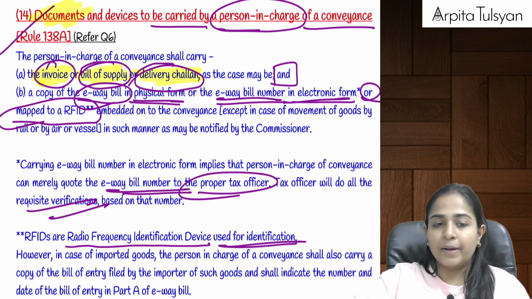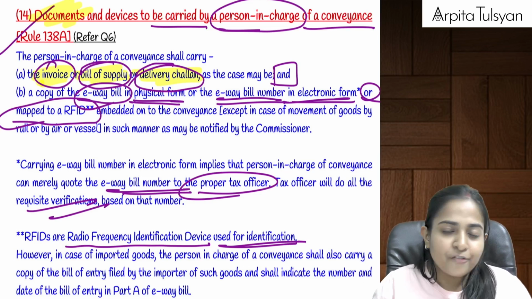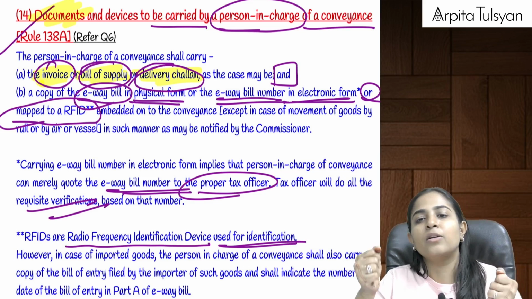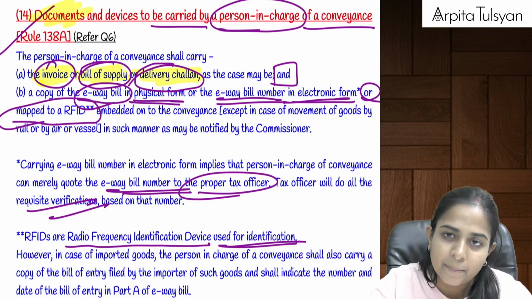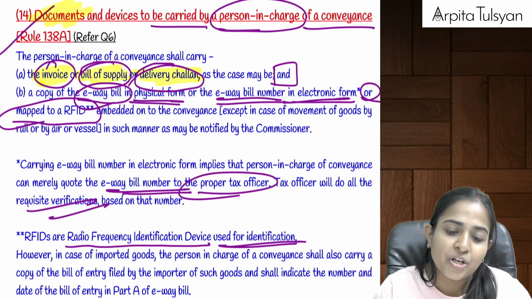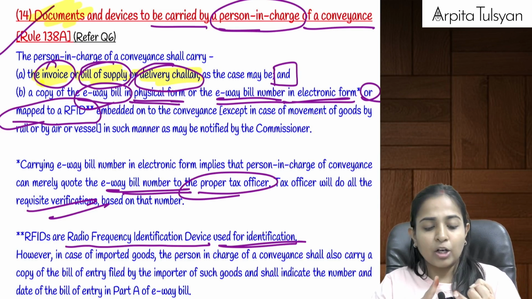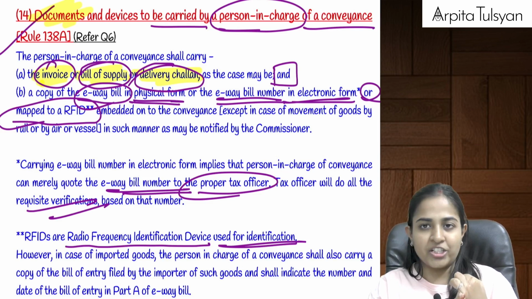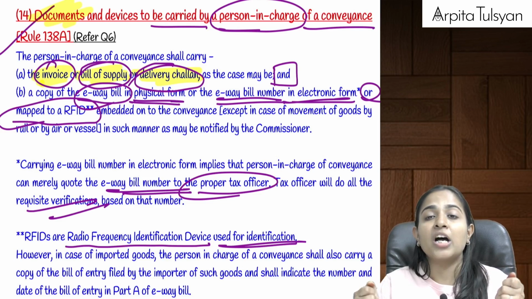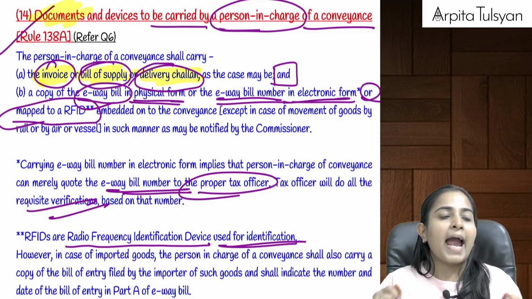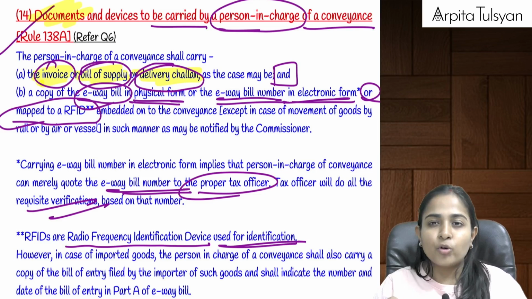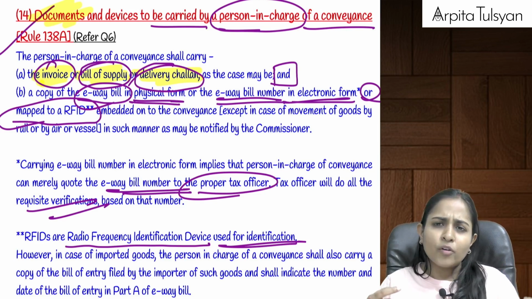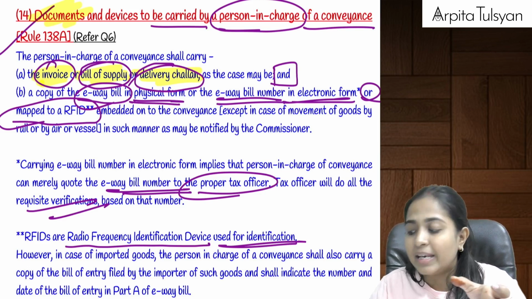Then after that, the next thing they are telling us here is, once you have generated this e-way bill, any person who is carrying this conveyance, any person who is driving the truck, or taking the goods in a plane, or taking the goods in a ship, that person should carry two things compulsorily. One is the tax invoice, or the bill of supply, or the delivery challan. That is one evidence that the person in charge of the conveyance should carry with himself. Along with that, he will have to carry the copy of the e-way bill either in physical format, or if he does not want to carry it in physical format, he can just carry the e-way bill number with him.